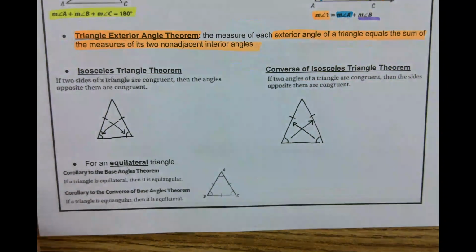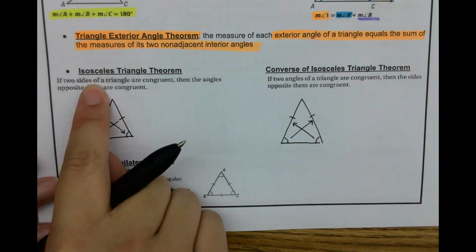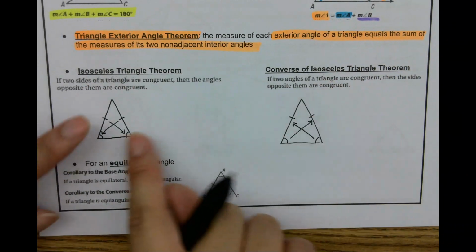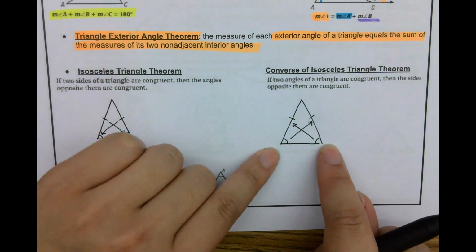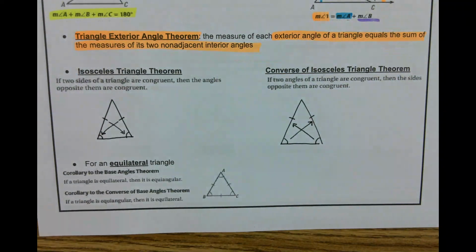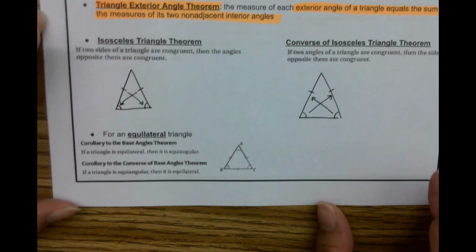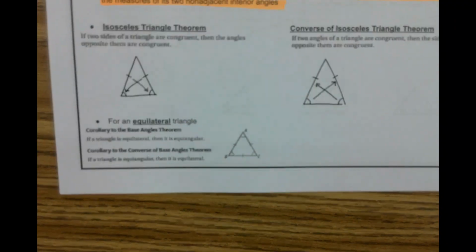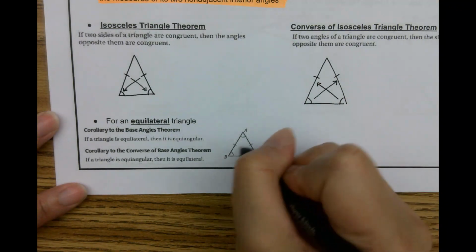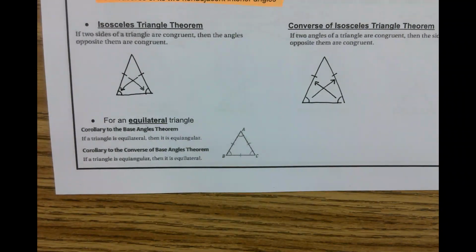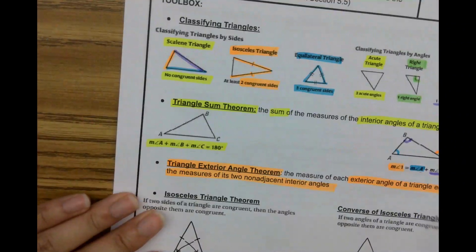So the difference between the isosceles triangle theorem and the converse is that this one starts with congruent sides, and the converse starts with congruent angles. And then the last one here is our equilateral triangle. If it's equilateral, it is equiangular, because all the angles across from them will be equal as well. So let's get started with some example problems and see how it works.